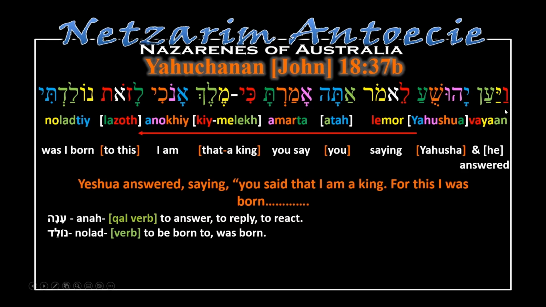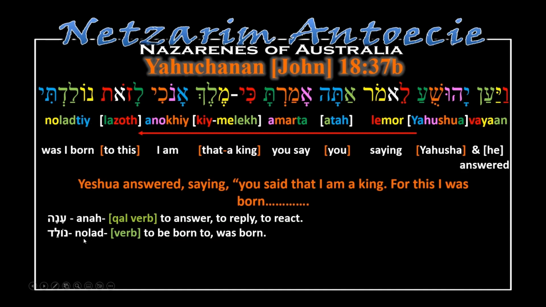And we read it. Vaya'an, and he answered, Yeshua, lemor, saying, Ata, you, amarta, you say, ki, that, Melech, king, a king, Anoki, I am, la zot, to this, noladti, I was born.